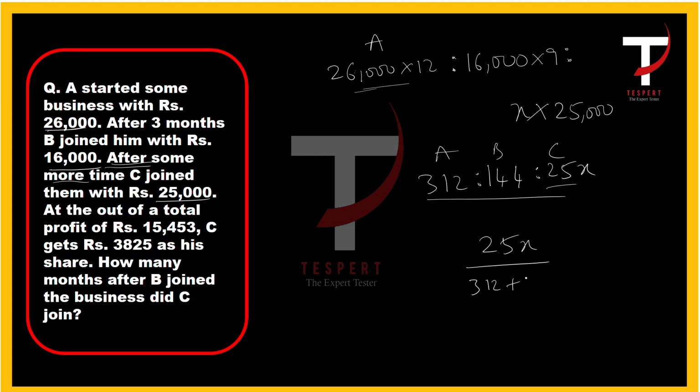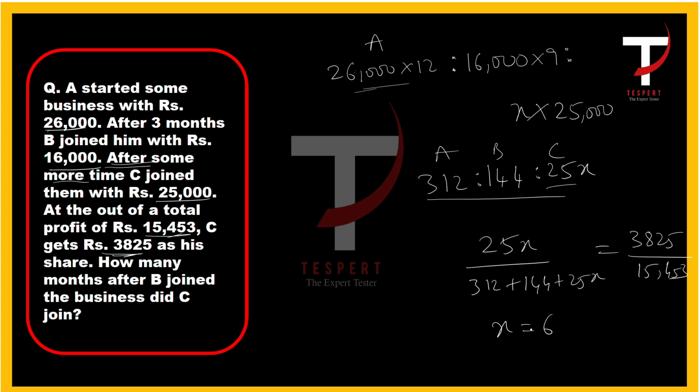Calculate all the parts: 144 plus 25x, that will be equal to how much? C gets 3825, right? 3825 out of total profit of 15,453. So just cross multiply and you will arrive at 6.